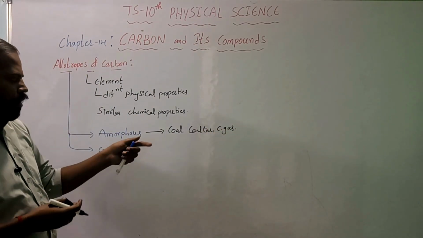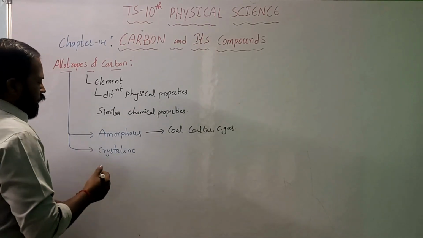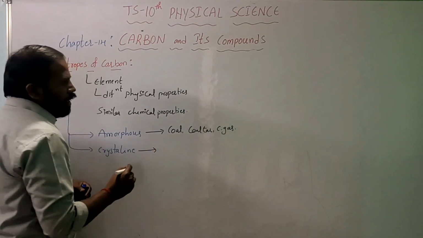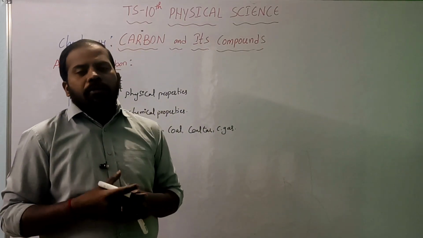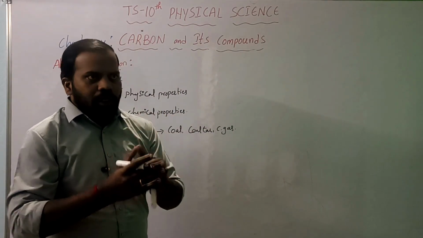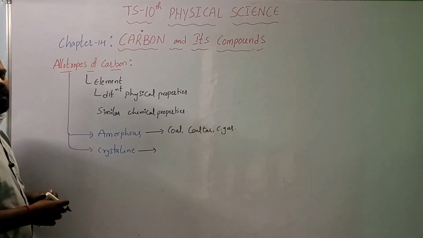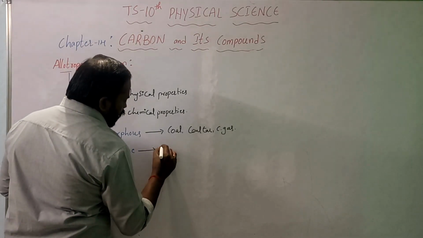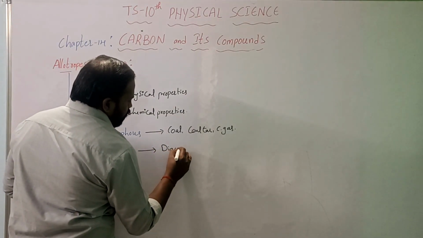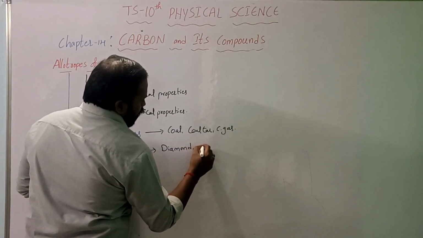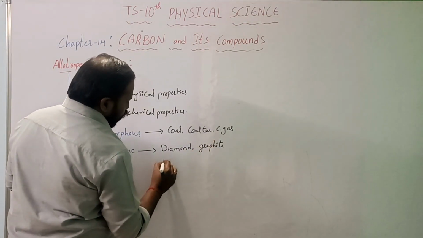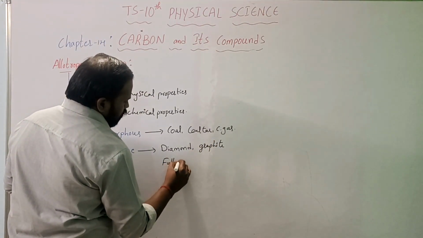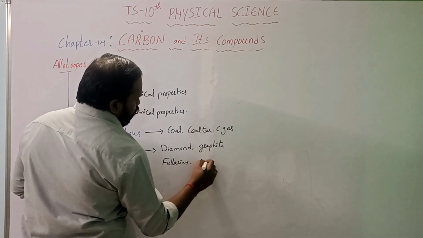All of these belong to the amorphous forms. Crystalline forms have a particular geometry, a systematic arrangement of the carbon atoms. Examples are diamond, graphite, fullerenes, and nanotubes.